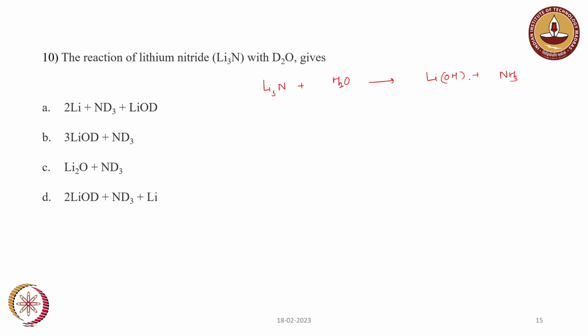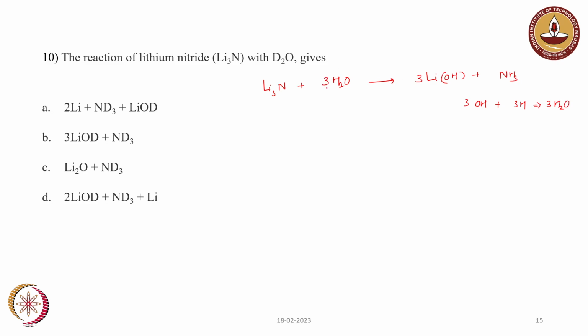If we balance the equation, there are 3 lithium, so this will be 3 lithium hydroxide, and NH3 is only 1, and we'll have to balance for water. So 3 OH and 3 hydrogen, so similar to 3 water.